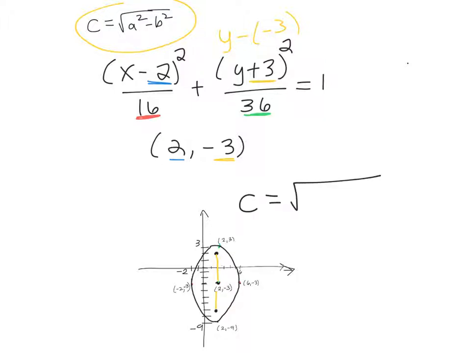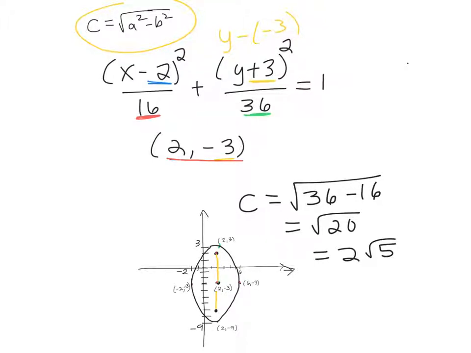So it would be the square root of 36 minus 16, and that would be the square root of 20, which simplifies, that's 4 times 5, so that'd be 2 root 5. Okay, so our foci, we're going to go from this center of 2, -3, and what's changing, the x value stays the same, we're just changing the y value.